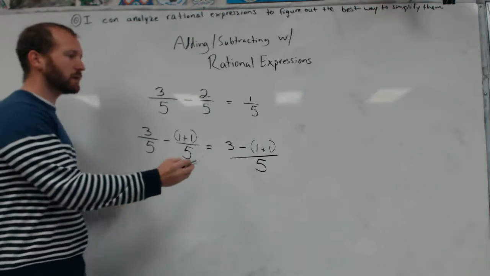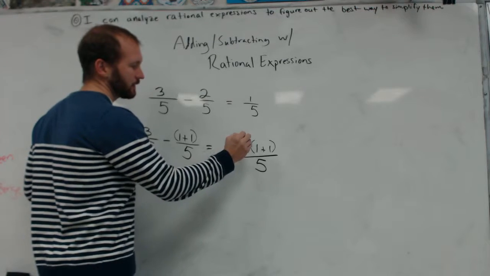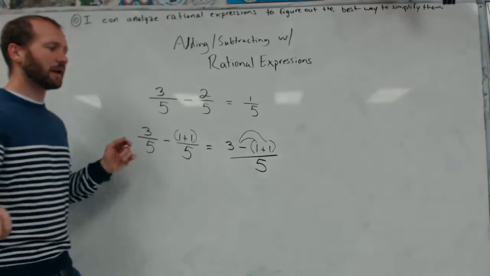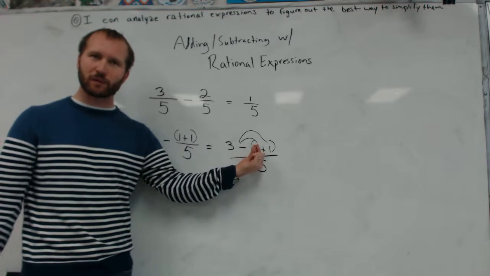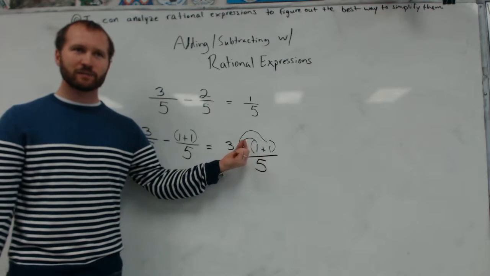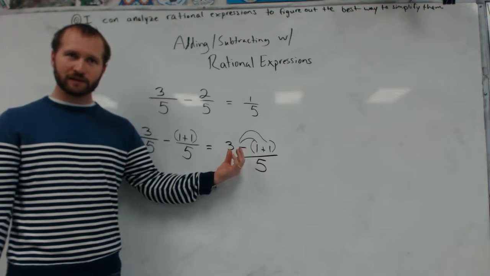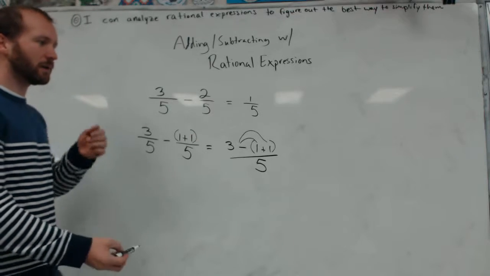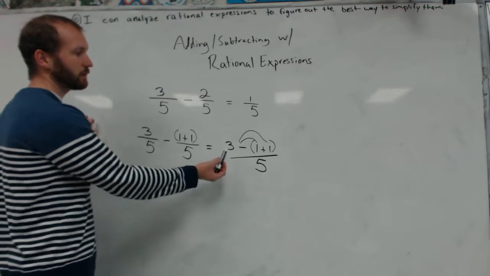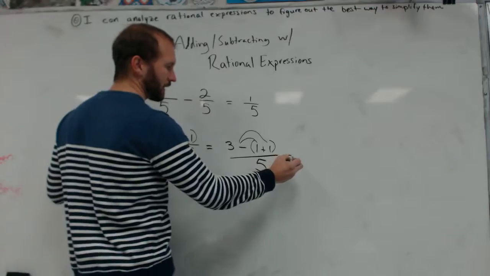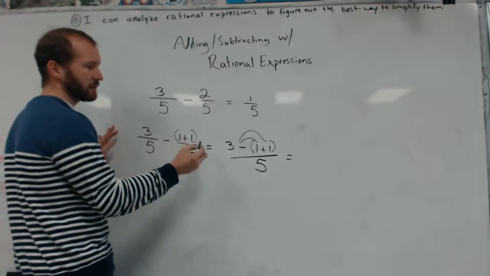I would consider this the distributive property. I'm doing it kind of silly, like we could just combine the 1 plus 1 to make 2 again. But I'm making a silly example because it makes it really obvious. And when we see a more complex example, you'll know what to do. So I take the negative times the 1 and times the other one. I have to subtract both of these 1s.